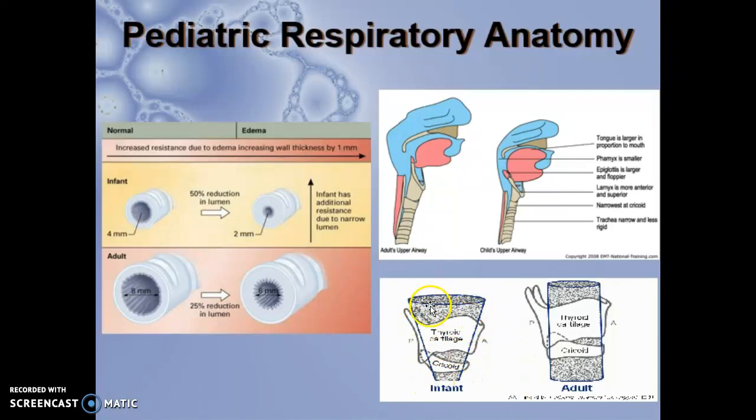Because it goes from an area of larger to a narrow area. And this is why children have a much higher propensity to choke. That also, and remember, they have no safety awareness. So they will literally put anything in their mouth. And as you can see here, the differences in the anatomy, okay?